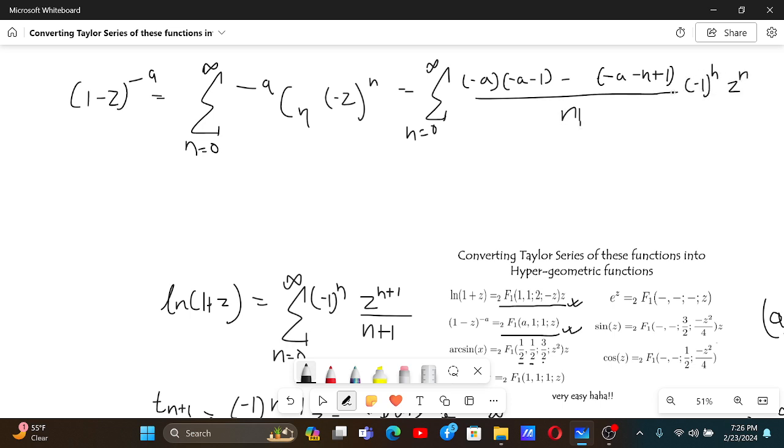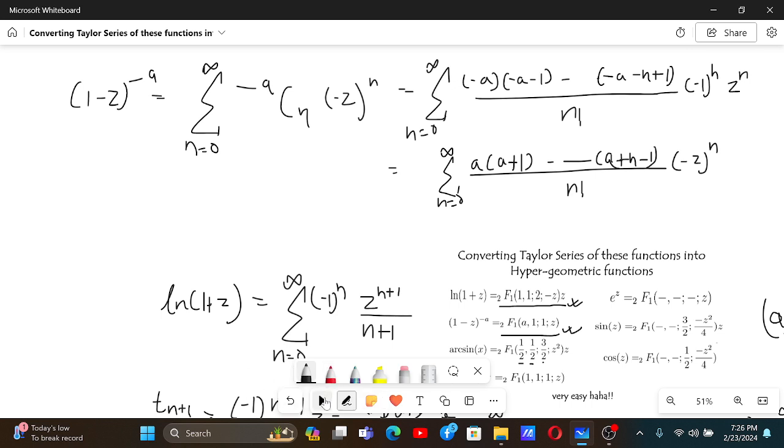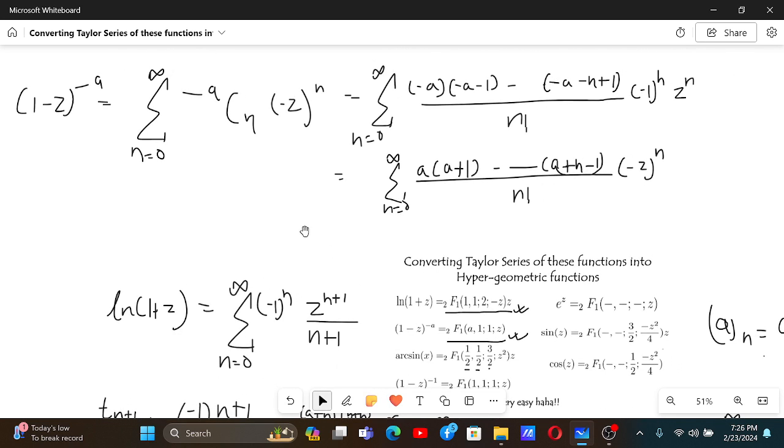Now you can distribute the negative 1s to each of them, and that makes it positive. So n equals 0 to infinity, a, a plus 1, up to a plus n minus 1, by n factorial, and then z to the power n. No, not the minus sign, because the minus sign is already distributed.